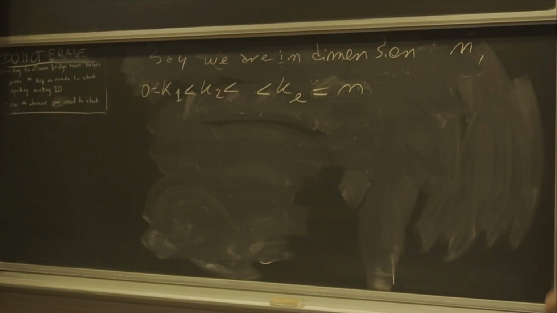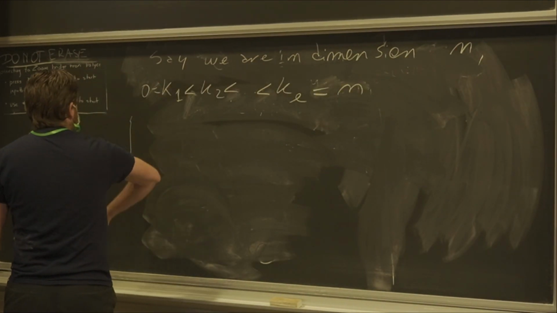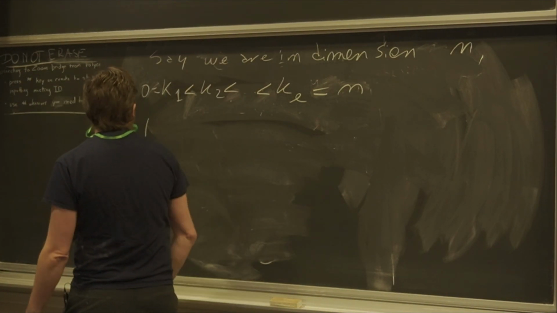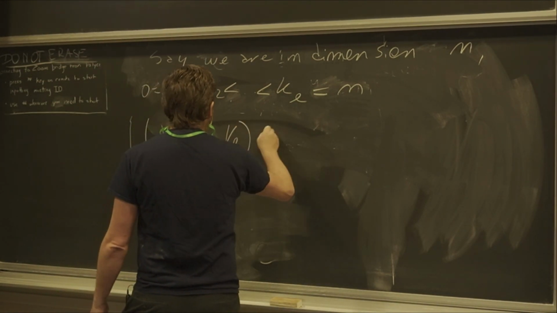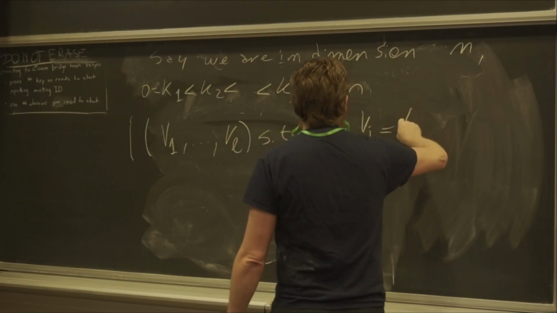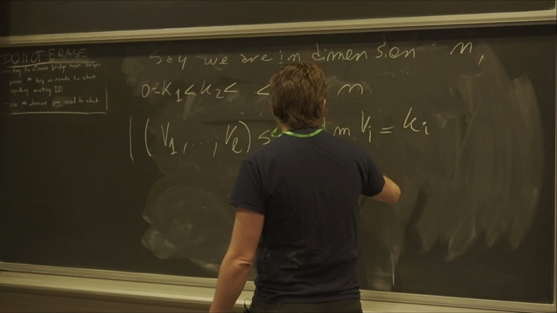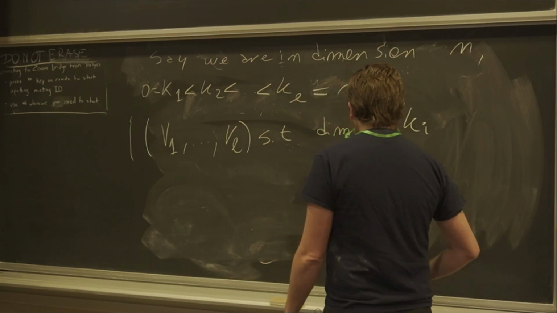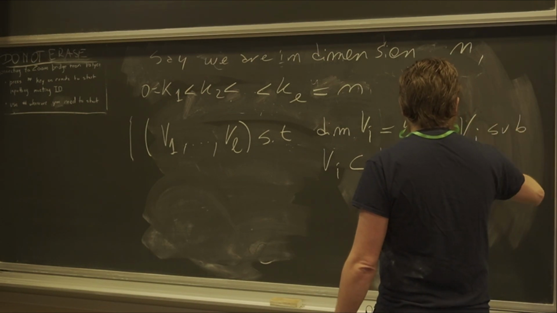It's just some amount of numbers between 0 and n, and then you take the set of guys, which will be B1 up to BL, such that the dimension of BI is KI, and BI is a subspace of BI plus 1, subvector spaces.